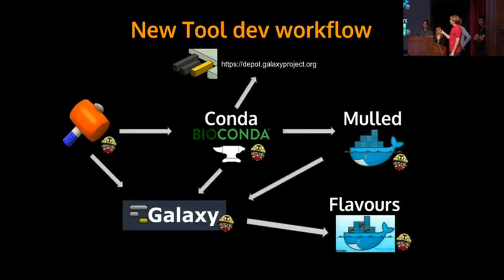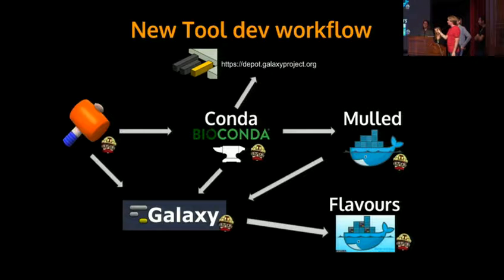This is how we imagine new tool development workflow looks like. So you have your specific tool, let's say Bowtie. You need to create a Conda package, and from that Conda package, we will just store everything what that Conda package needs. So the tarball, the source of the compilation, we will store automatically on an FTP server to make it accessible over time.